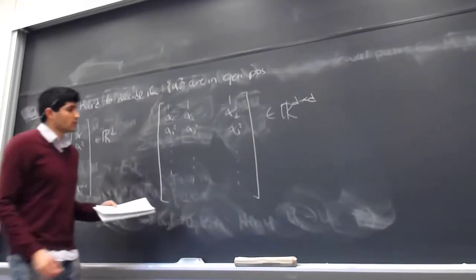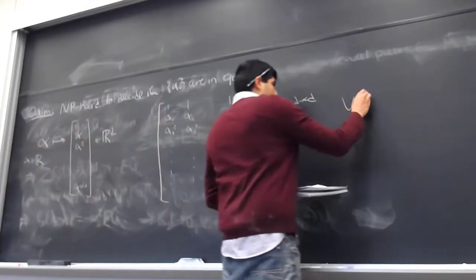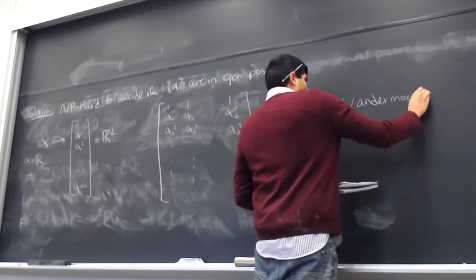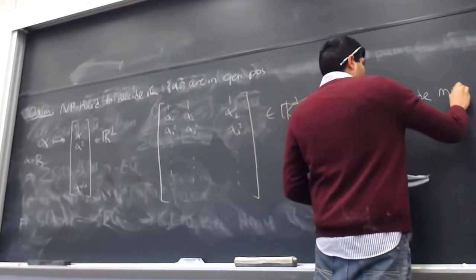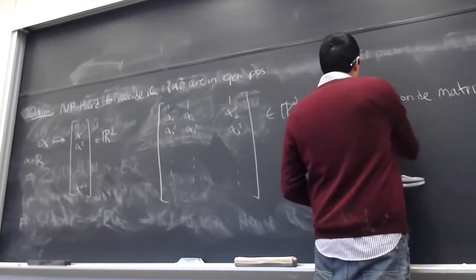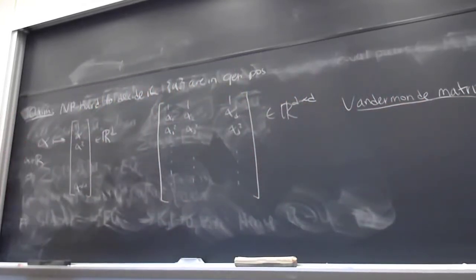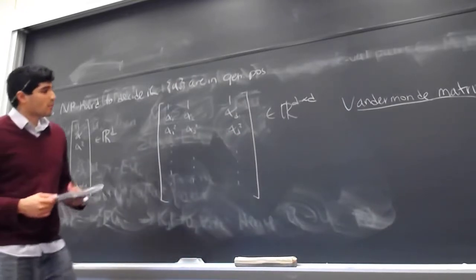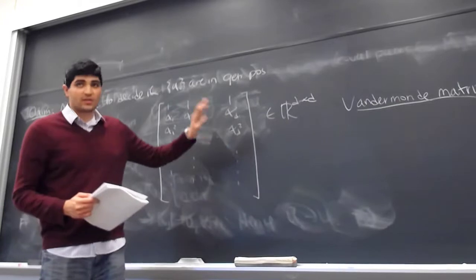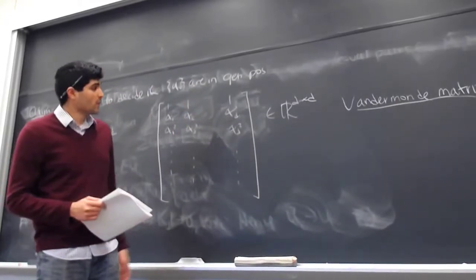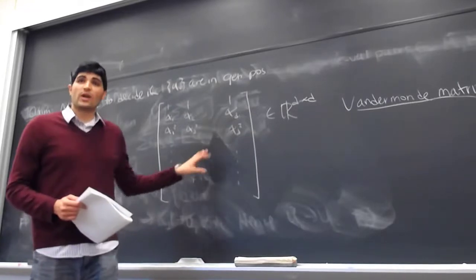So does the definition of the Vandermonde matrix make sense? Yep. Those are the different alphas for the columns. Exactly. Well, not necessarily, but the point is that the matrix makes sense, and the question you're asking is really related to the question, when is this full rank?